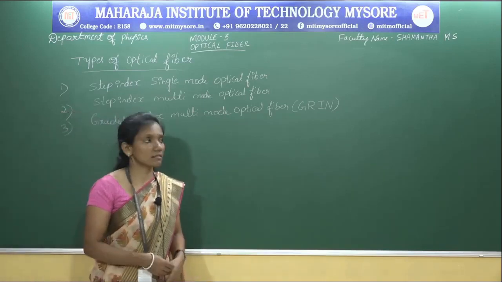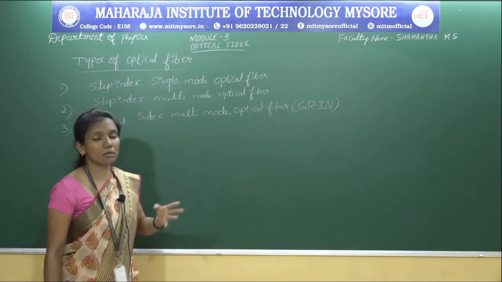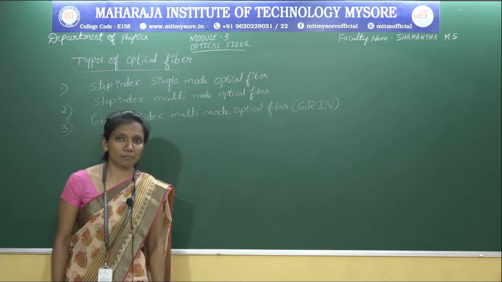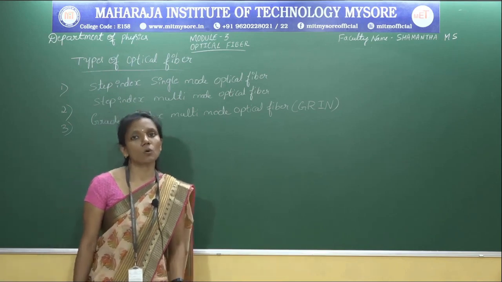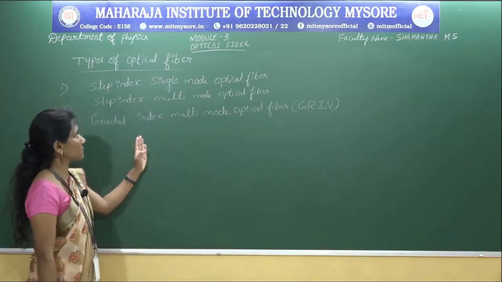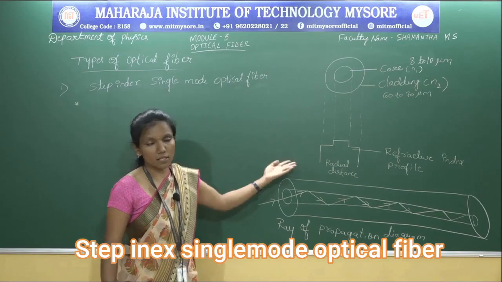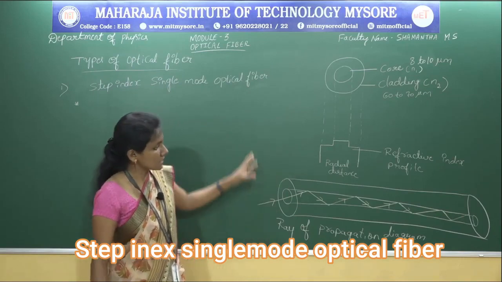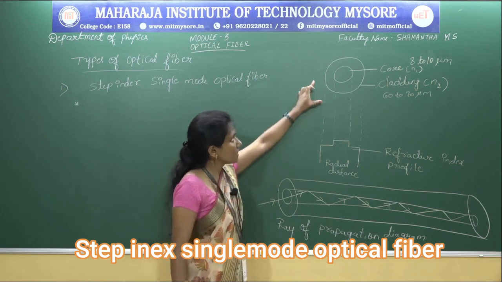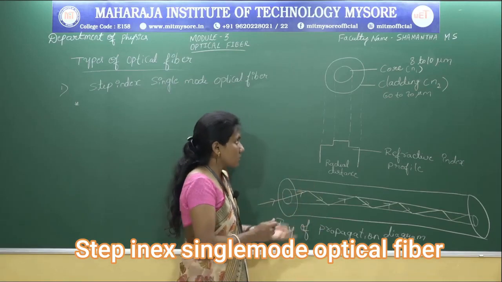Now let us study one by one. What is a step index single mode optical fiber, and how is it constructed? That depends upon the diameter of the core and cladding. This is the step index single mode optical fiber. It is constructed like this: the core is inside and the outside is cladding.